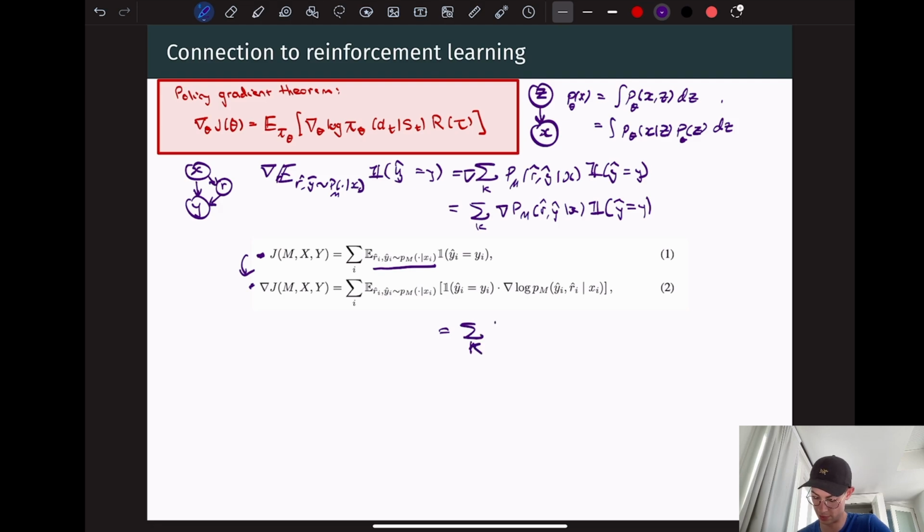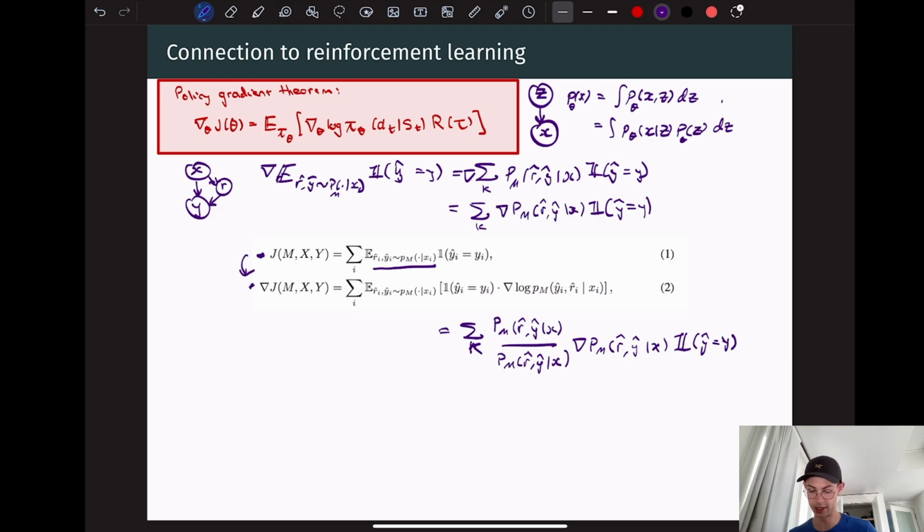That is, we're going to multiply by just p_M of r hat, y hat given x. And you'll see why this helps us in just a second.